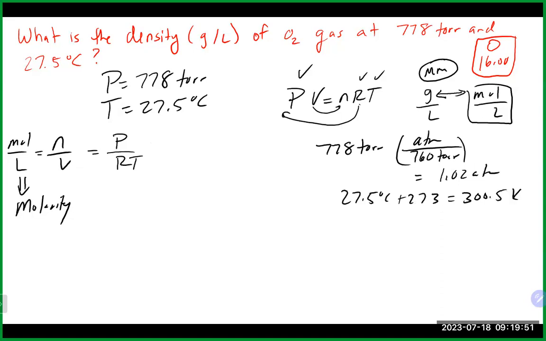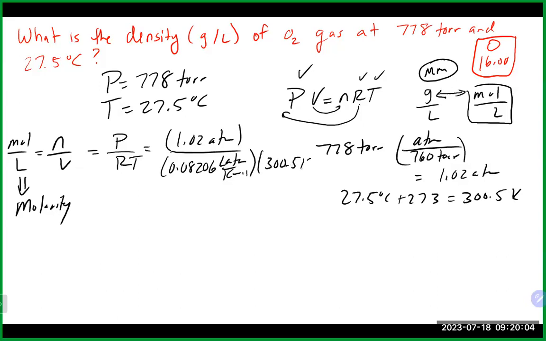Now we're going to put in our numbers here, 1.02 atmospheres, our 0.08206, which is our gas constant that we always have, and our temperature in Kelvin, 300.5 Kelvin. That is going to give us 1.02 divided by 0.08206 divided by 300.5.